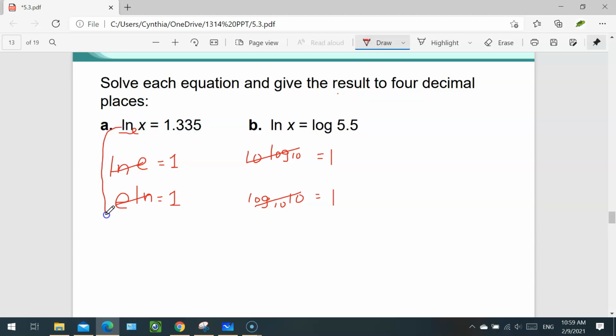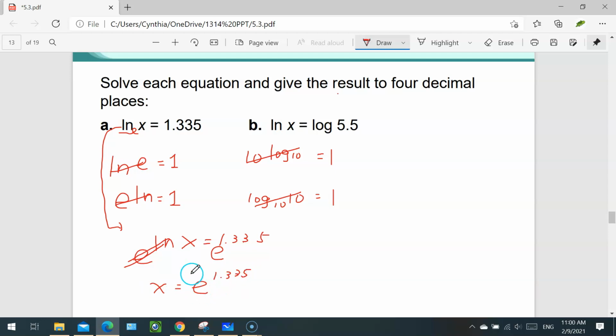So ln x equals 1.335. How do we solve for this one? Let me write down the question here. ln x equals 1.335. When you see the ln, you simply raise e to both sides of the equation. Now e to the ln crosses out, so your x equals e to the power 1.335.